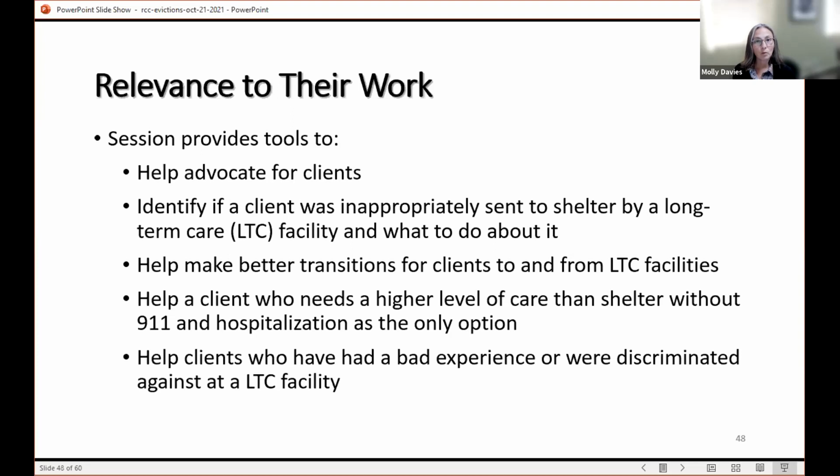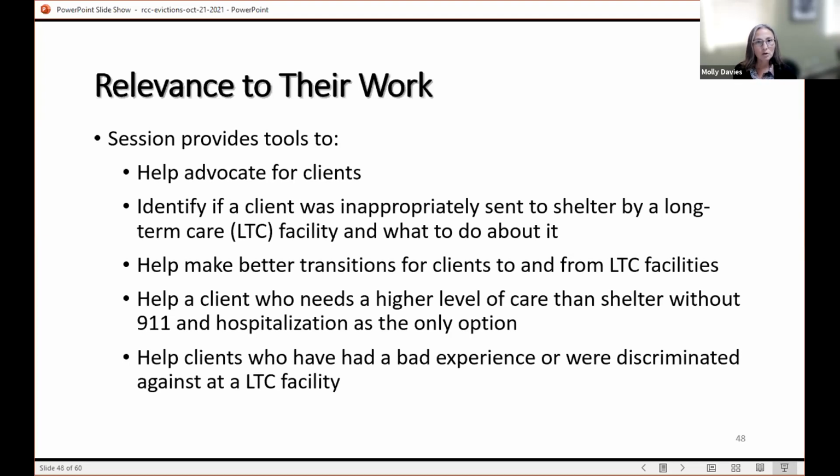So we came in and said, if you get a hold of us pretty quickly, we can help negotiate them back into that facility rather than having you call 911, have them become hospitalized, and then get placed at some point. So we wanted to create another option for folks who were inappropriately placed in shelter from a long-term care facility and not just send them through the 911 system.